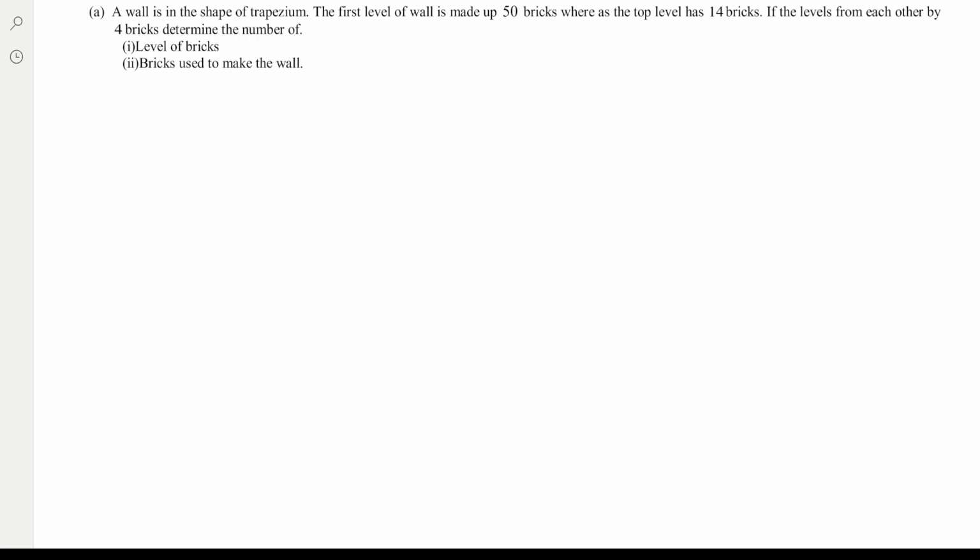So dear students, this is an arithmetic series question. We're going to see how it works. We have a wall which is constructed in a trapezium shape. In the first line, we will have 50 bricks.